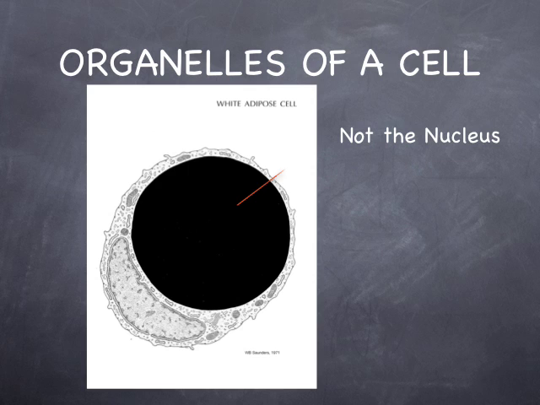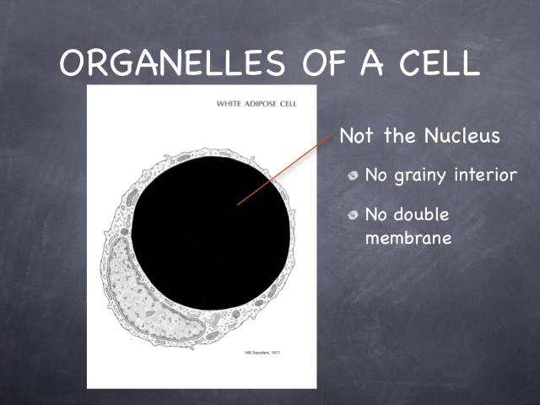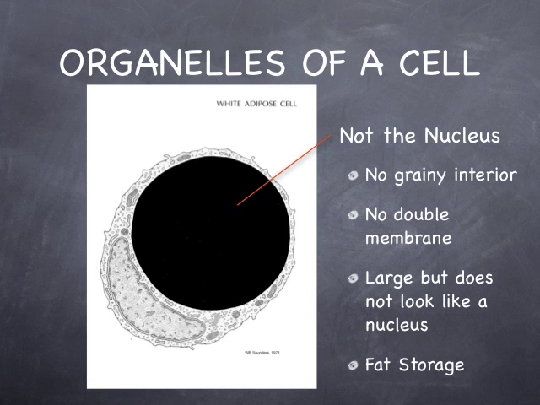So, this is not the nucleus. And just those details that we just said: it doesn't have a grainy interior, no double membrane. It's large, but it's not. Okay. So good. Any other nuclei that you have trouble with there?